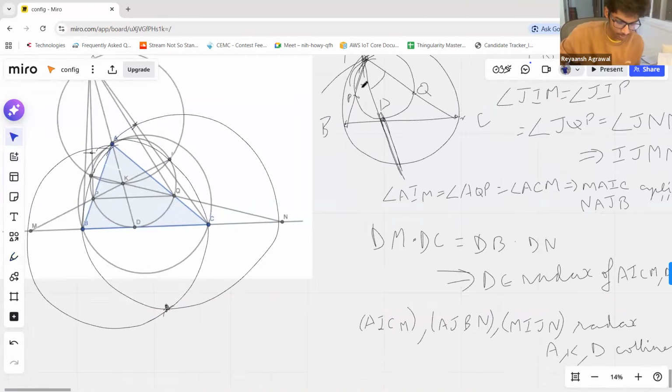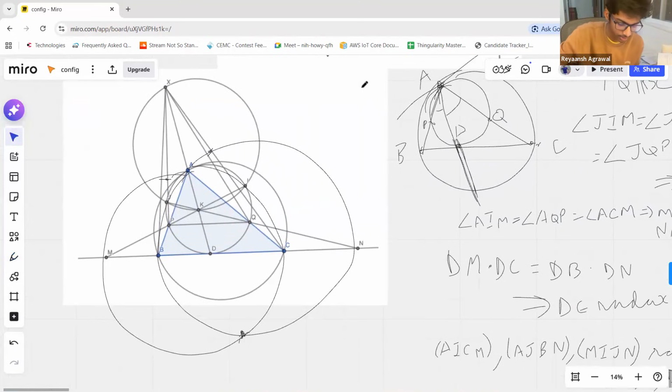Okay, so now we have AKD collinear, and we have these couple of circles.